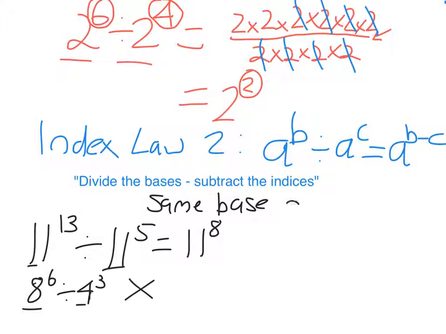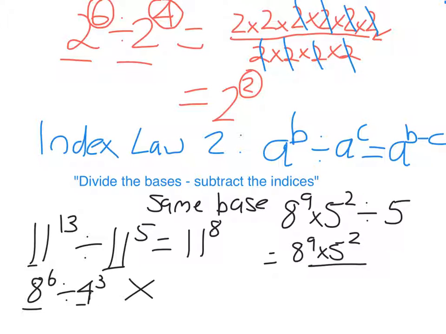If you had something like this, let's say 8 to the power of 9 times 5 squared divided by 5. Okay? So then I can write this as a fraction, but remember, I only worry about the bases that are the same. The 8 and the 5 are different bases, so they can't do anything.